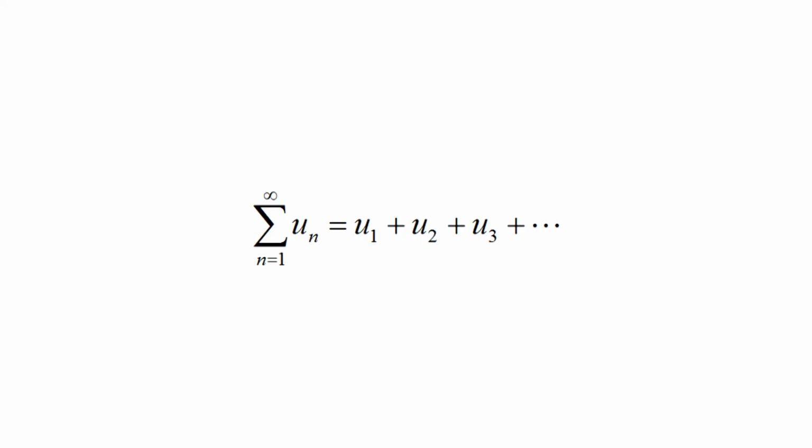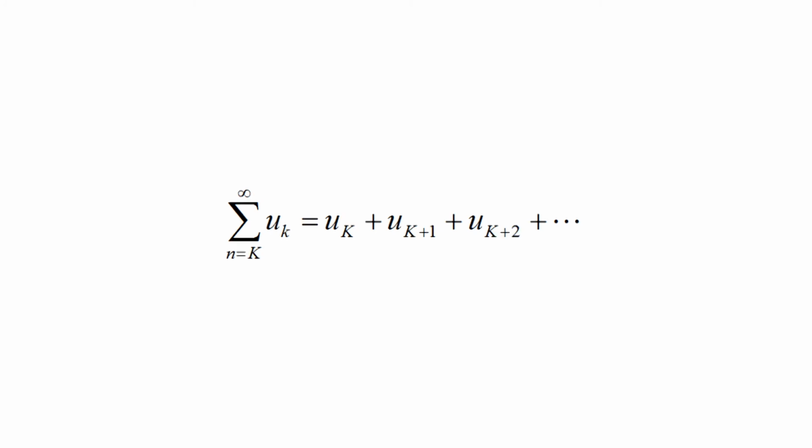In particular, for any positive integer k, the series summation u_n from 1 to infinity equal to u_1 plus u_2 plus etc., and summation u_n from n equal to k plus 1 to infinity equal to u_(k+1) plus u_(k+2) plus etc., both converge or both diverge.